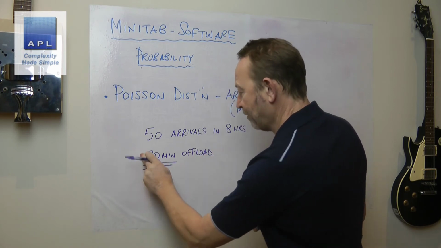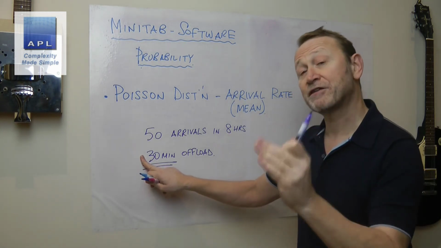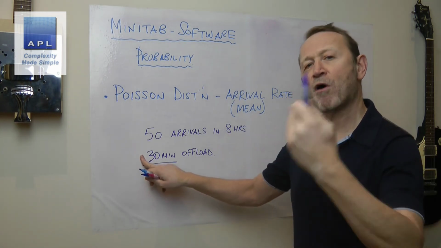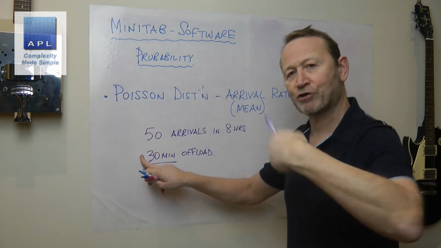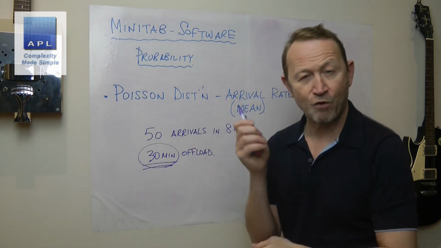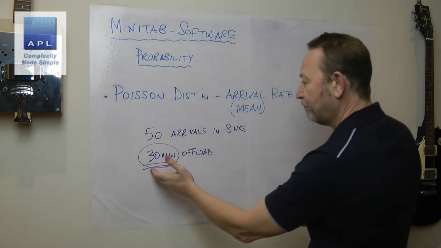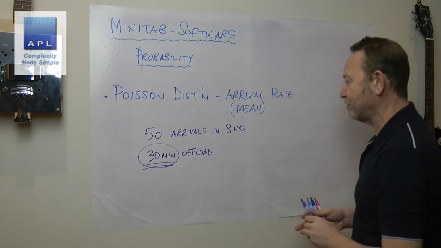And it's this window that's going to cause us a problem, because when the first lorry arrives, we're going to spend 30 minutes offloading that lorry. What we're scared of is too many lorries come before that 30 minutes is up, and we start to form queues at the loading bays. So the arrival rate must be set in a 30-minute window.